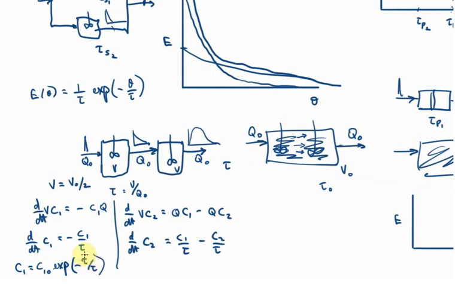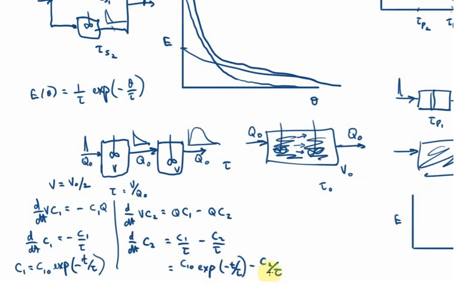So using t here, then we can write d/dt of C2 is equal to C10 exp of minus t over tau minus C2 over tau.